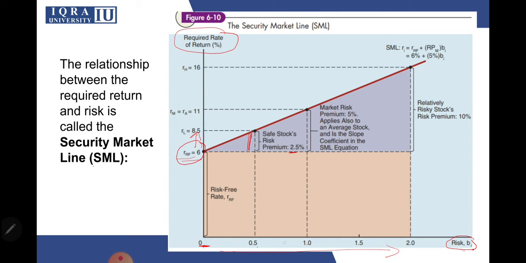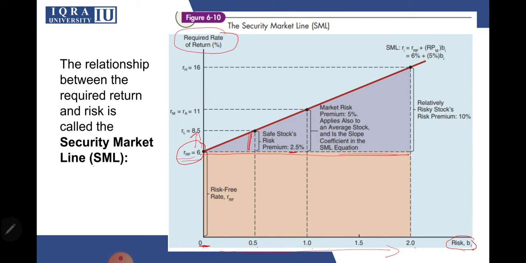And you can see as the beta is going to increase, the risk premium is going to increase with it, because the risk-free rate is fixed over here. This is your risk-free rate, it is 6%. Now when the beta is 1, at this point again the risk-free rate is 6%, but the market requires a return of 11%, so the premium has increased now. So the market risk premium is 5%, applies also to an average stock, and is the slope coefficient in the SML equation.